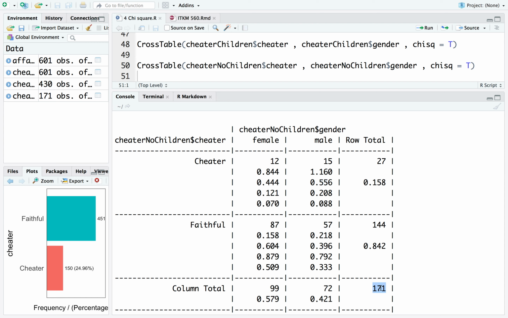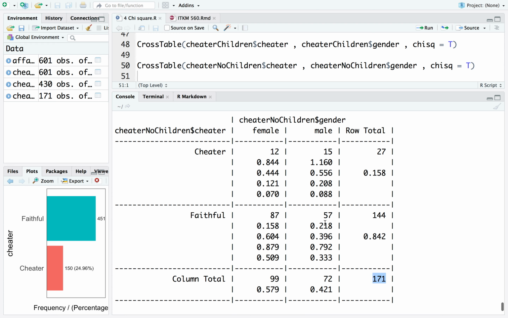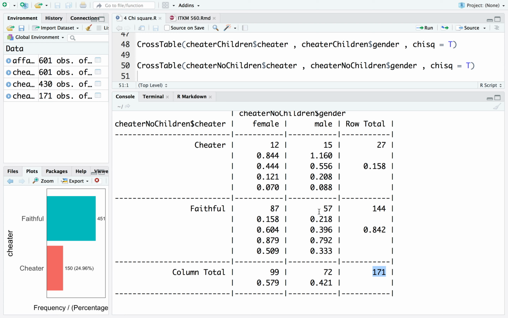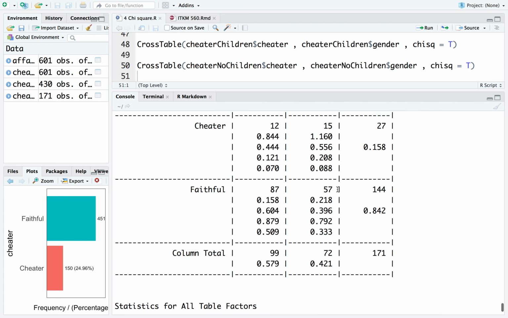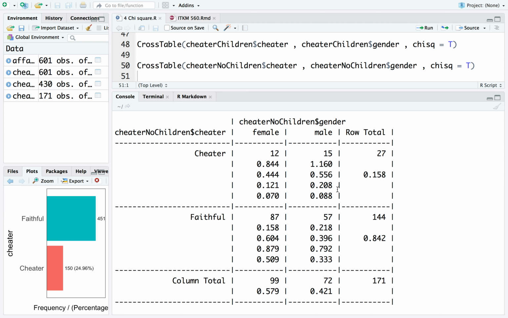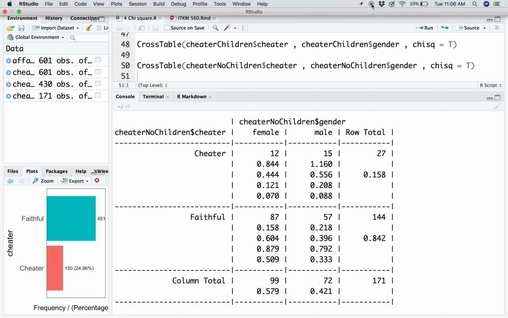But look at our N. Our sample size for the population is 171. Remember, these are just the people without children. If this data set were bigger, with the same proportions, more likely we would have a significant p-value. But for this population, we cannot conclude anything as far as dependency goes. And that's it for our chi-square test.